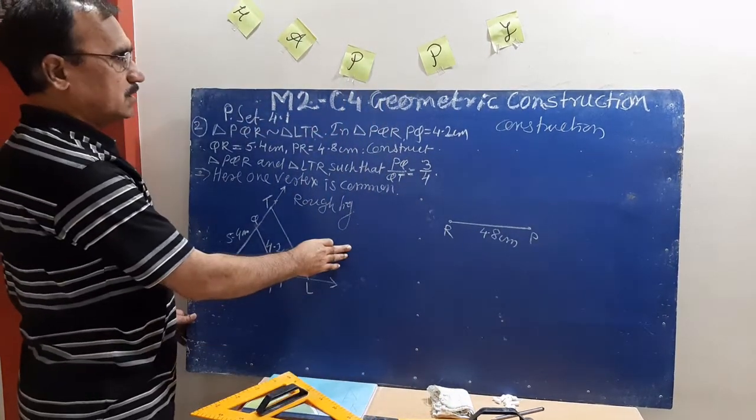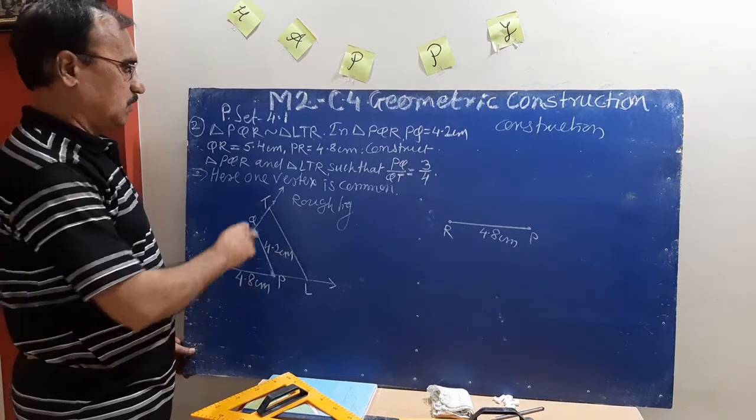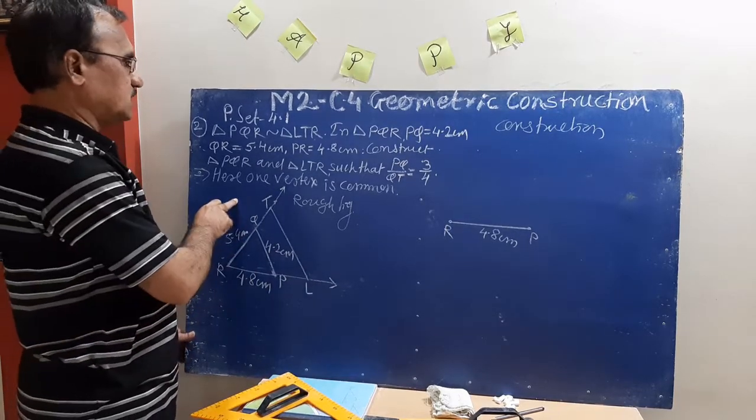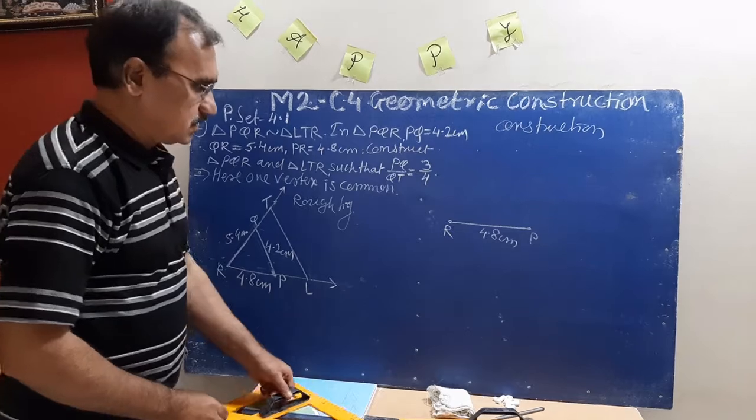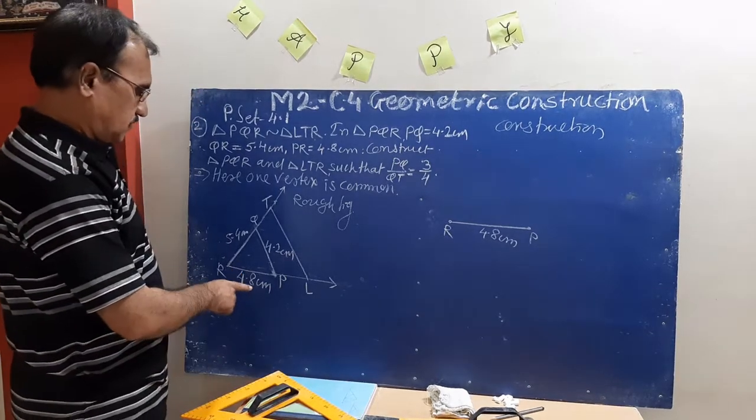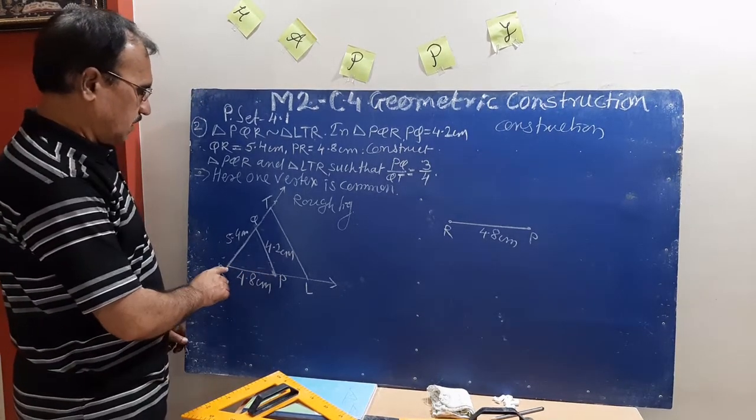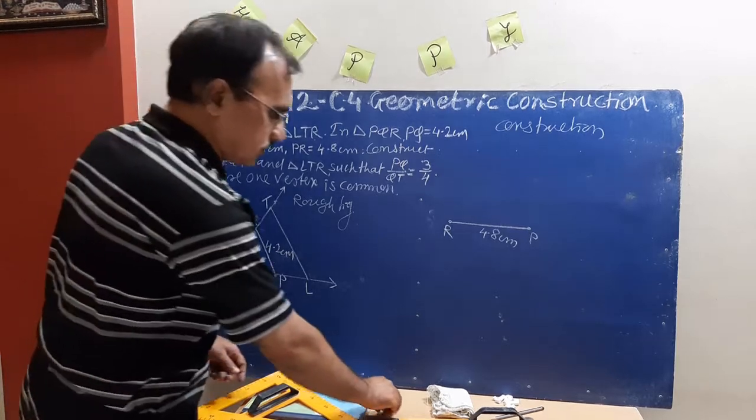Okay. Now you know the second method. If one vertex is common, first construct this triangle: RP 4.8, then RQ is 5.4.